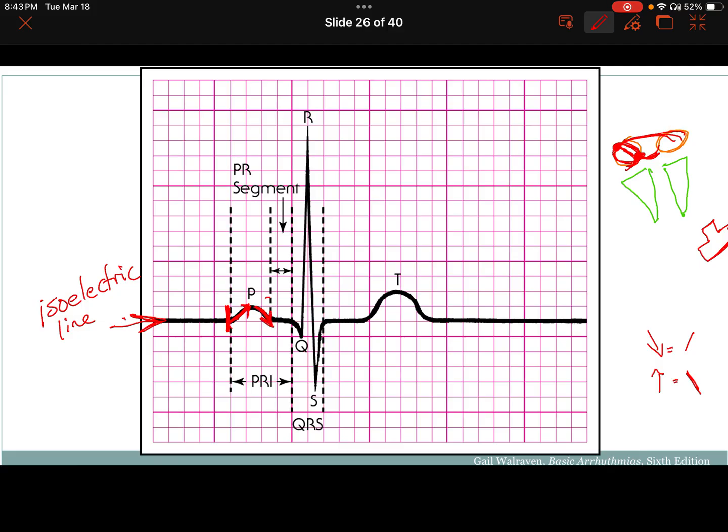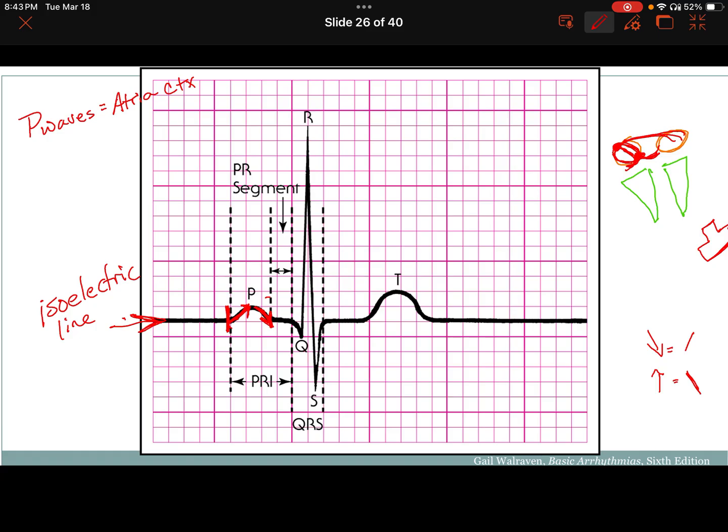Okay? When you see the P wave, that P wave means that the atria have fired. So you have atrial contraction. I'm going to use CTX for contraction. So P waves mean that the atria has contracted.